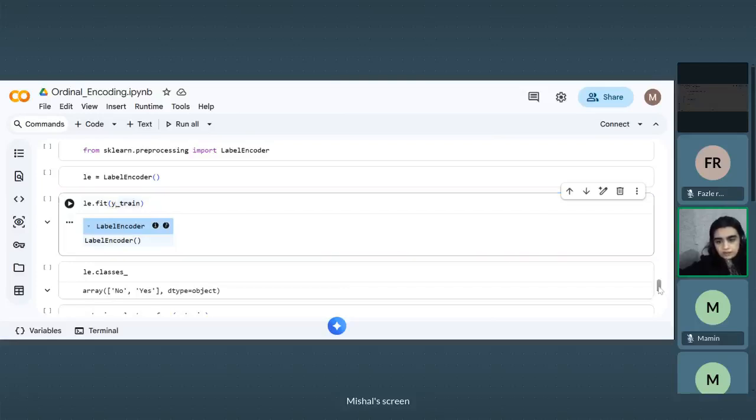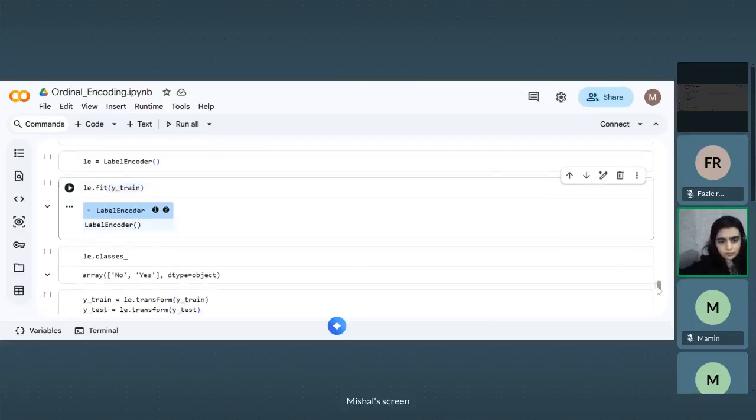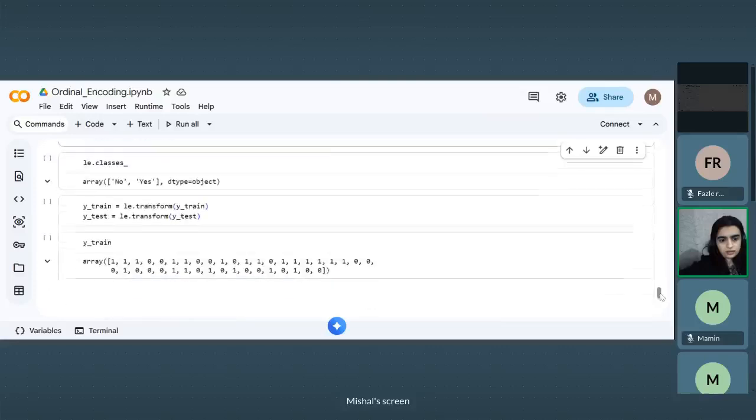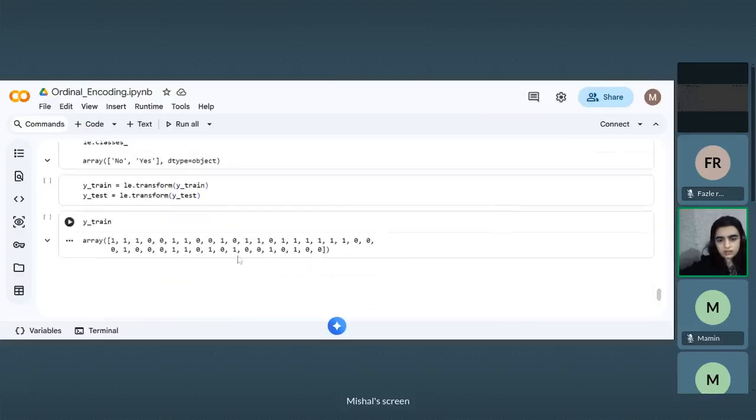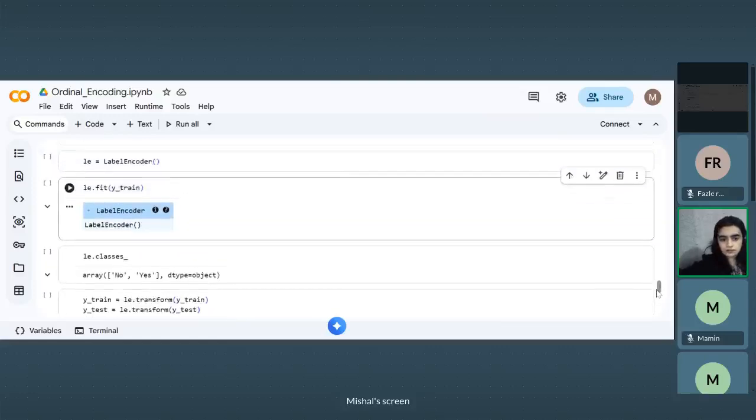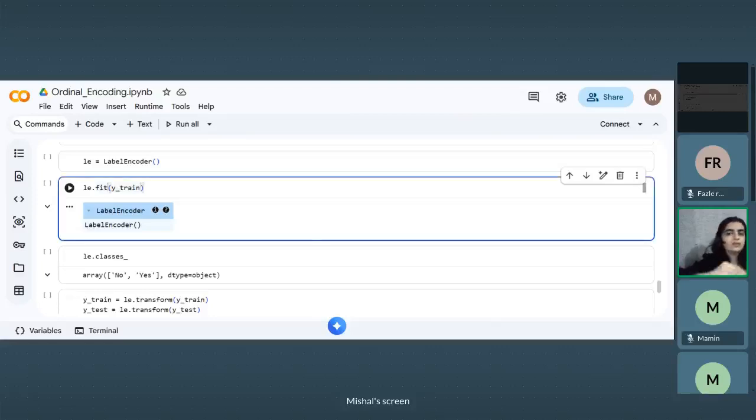The classes were yes and no before, and they will get converted into ones and zeros like this, with label encoder fit. And that's how we can do the conversion with the help of label encoder.